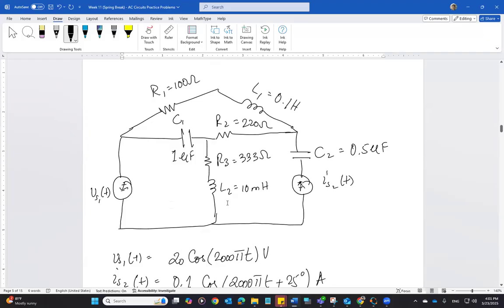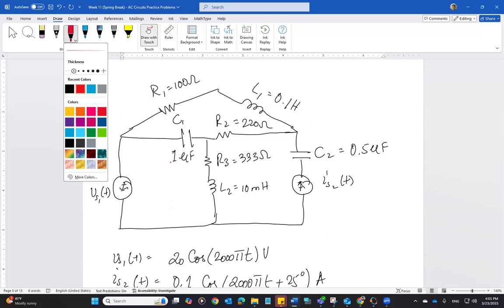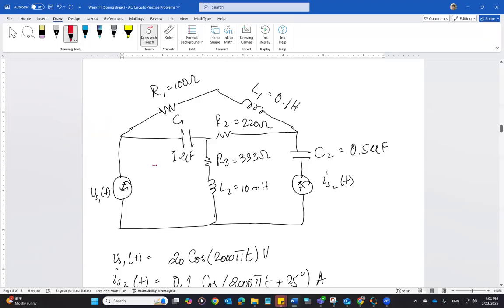So we need to know C1. And we can assume one direction, in which direction we want to show C1. Of course, it's a sinusoidal quantity. It will keep changing its direction. But let's say you want to show the C1 in this direction, VC1. And remember, this will be a time domain quantity that you have to give.